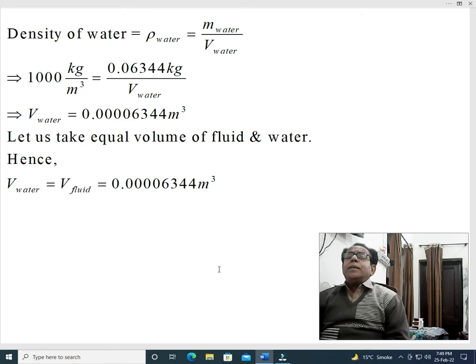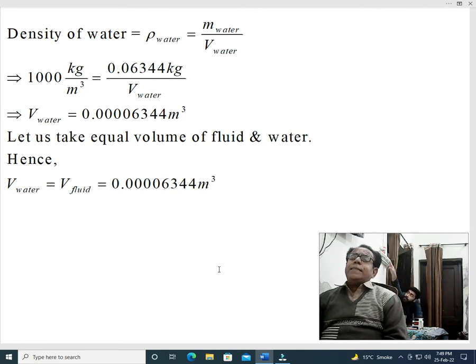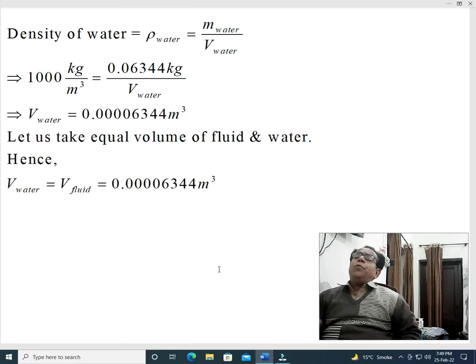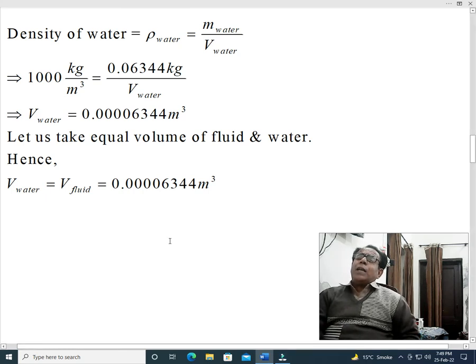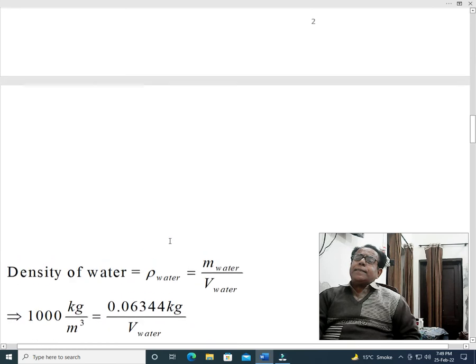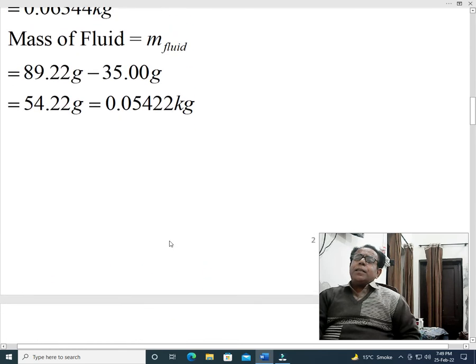Because density of water is given in the table of densities, which is 1000 kilogram per meter cube, here we have written that value in place of rho water, and this is equal to mass of water over volume of water. Mass of water we have calculated on the previous page.